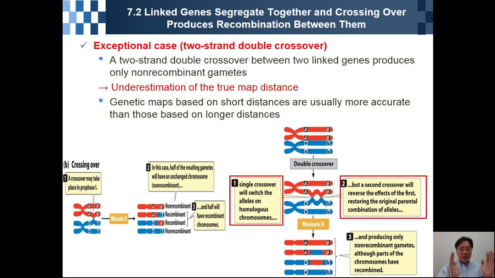But if the distance is very short, the chance of a two-strand double crossover is very low. So the genetic map based on a short distance is more accurate, but a genetic map based on a long distance is not 100% accurate.